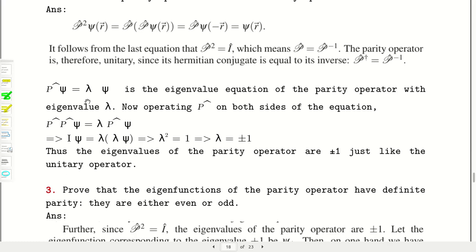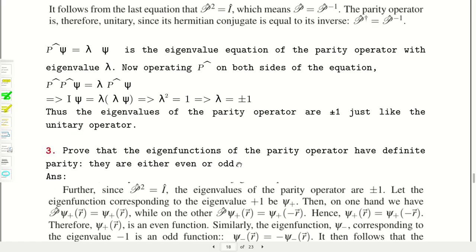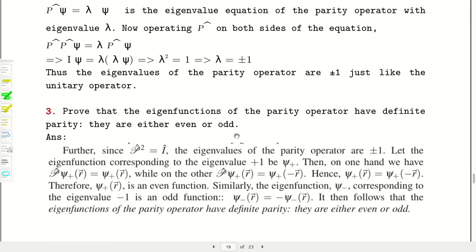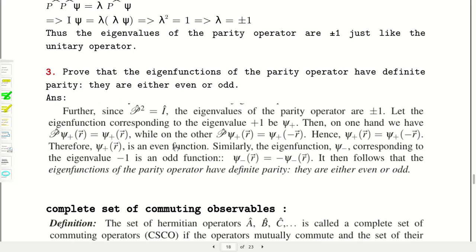And also the eigenvalue of the parity operator, you can prove that it is plus minus 1. So parity can be either even or odd, and this is the actual proof of the next problem, that is prove that the eigenfunctions of the parity operator have a definite parity, that is it should be even or odd all the time.